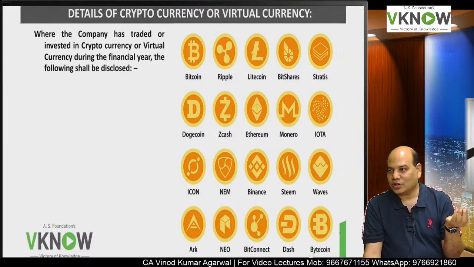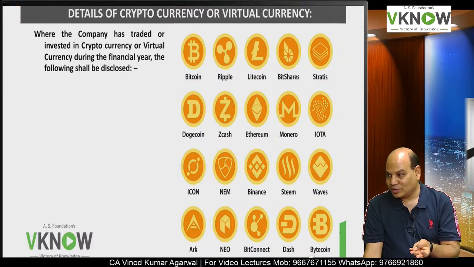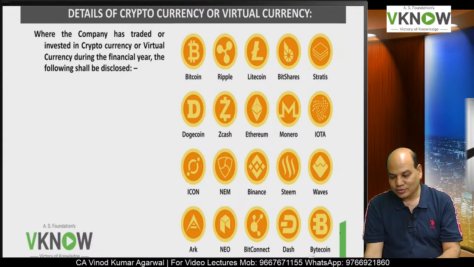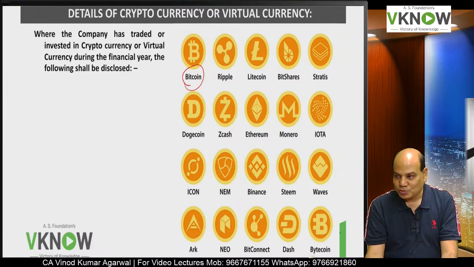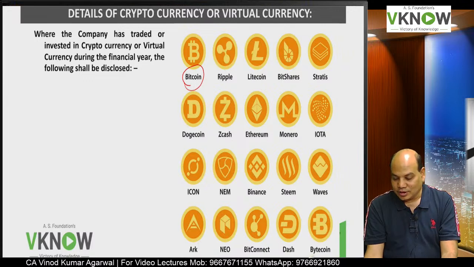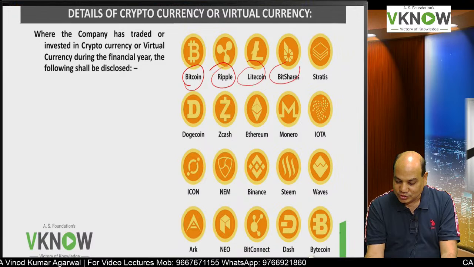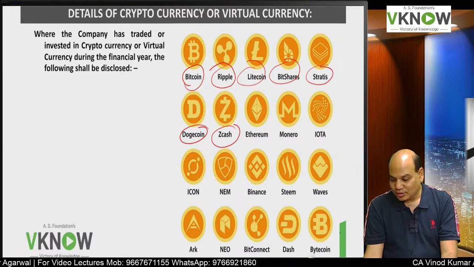Some value was $30-40 and it became $0.01 or something. So have you played in cryptocurrency any time? No. Very good. So Bitcoin is the most popular one, and then because of that some others came: Ripple, Litecoin, BitShares, Stratis, Dogecoin, Zcash, etc. Okay.